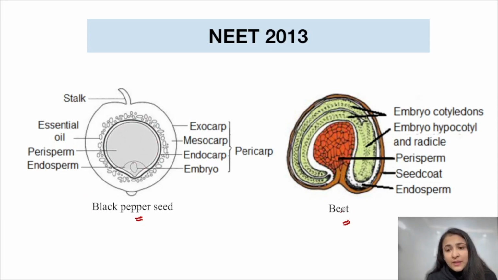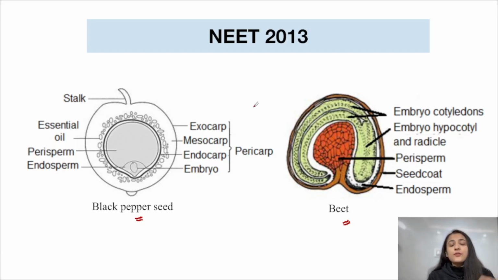In beet also you can see this white region is the endosperm which is surrounding this green colored embryo, and the red colored region inside represents the perisperm. So perisperm is a nutritive tissue derived from the nucellus. It is formed from the remnants of the nucellar tissue.